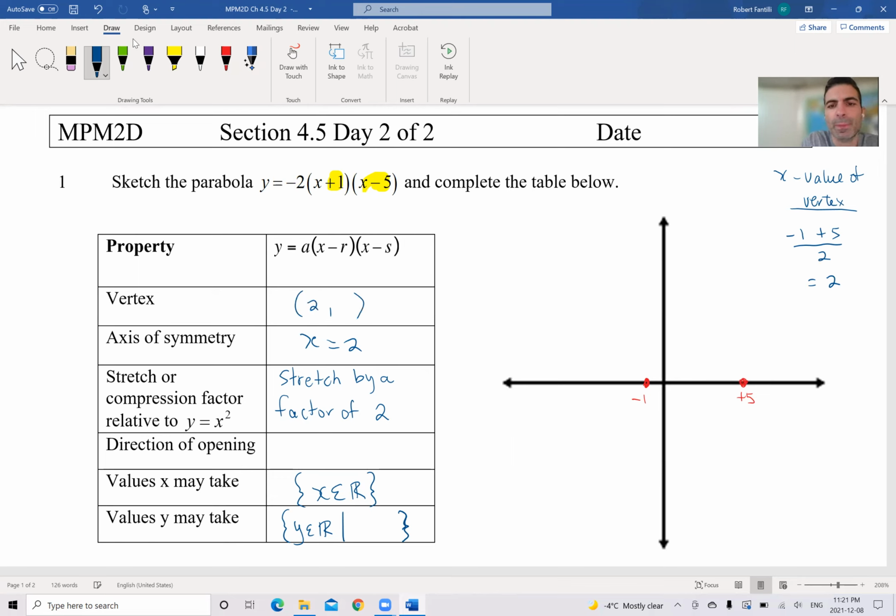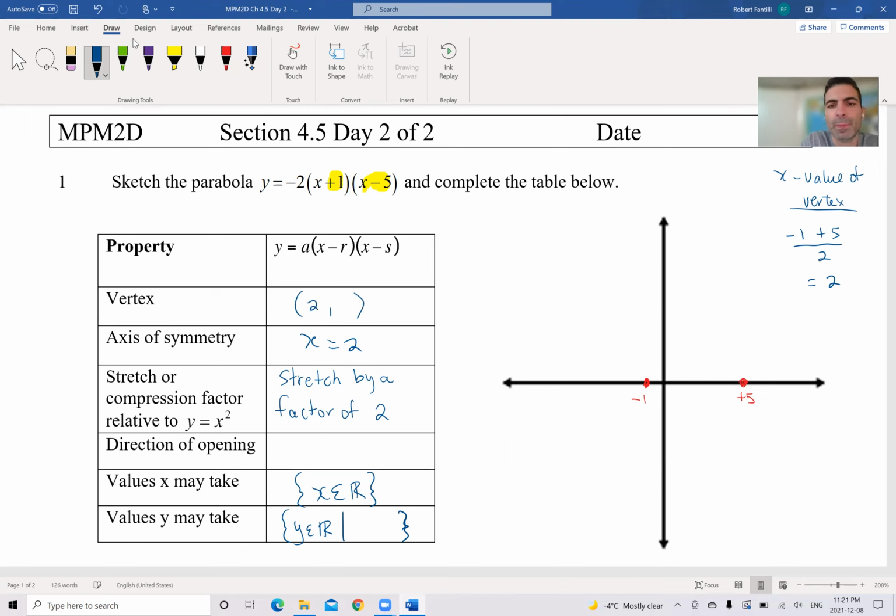In terms of my vertex, I already know that it's 2 something. How do I find out the Y value of the vertex?